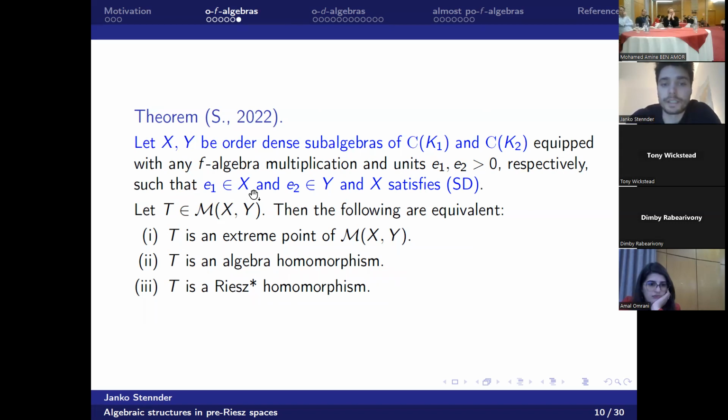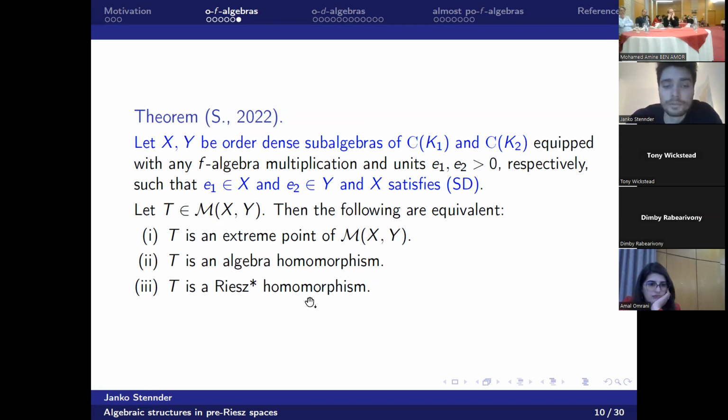So E1 is in X and E2 in Y, and my space X also has to satisfy this property SD. Then we basically get the same equivalence, only that instead of Riesz homomorphism, we have Riesz star homomorphism here. And the Riesz star homomorphism is one of the generalizations I'm going to tell you about in a few slides.